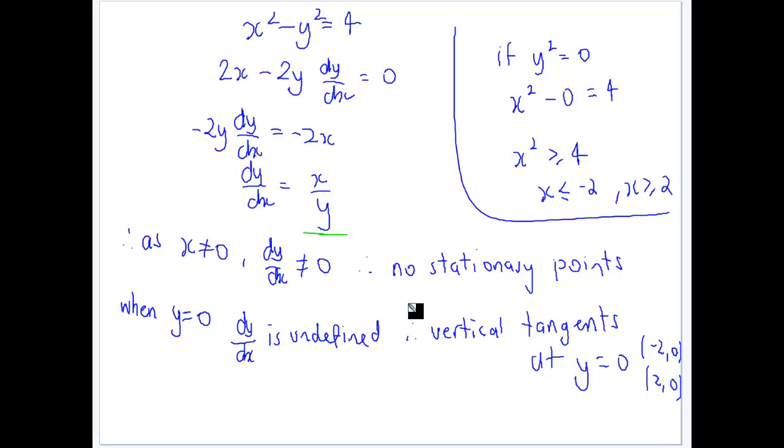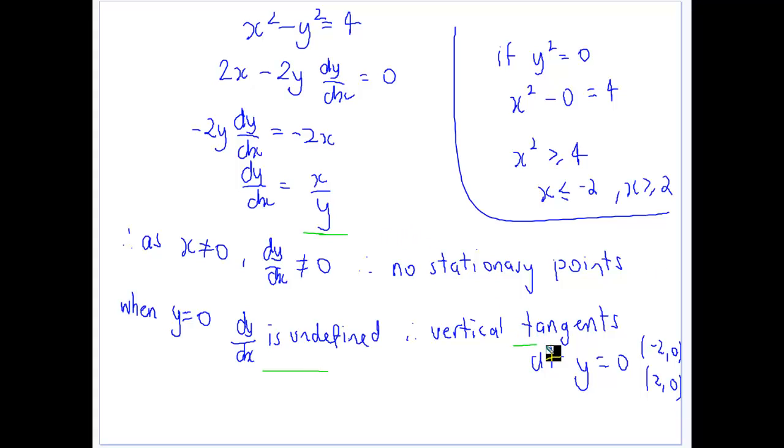But what we can also see is that when y is equal to 0, dy/dx becomes undefined because we get a division by 0, which means for our derivative we get vertical tangents at that point. So y is equal to 0 at minus 2, 0 and 2, 0, which we had before.